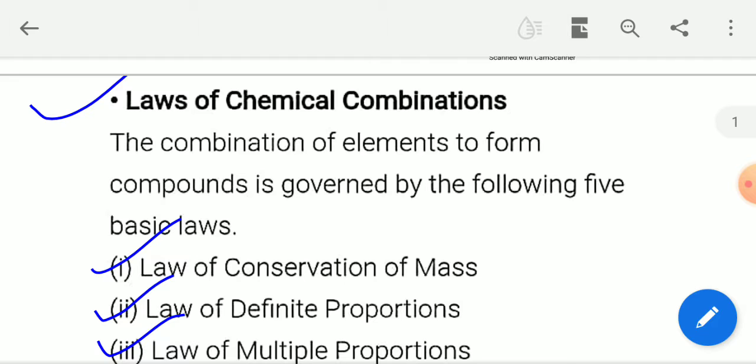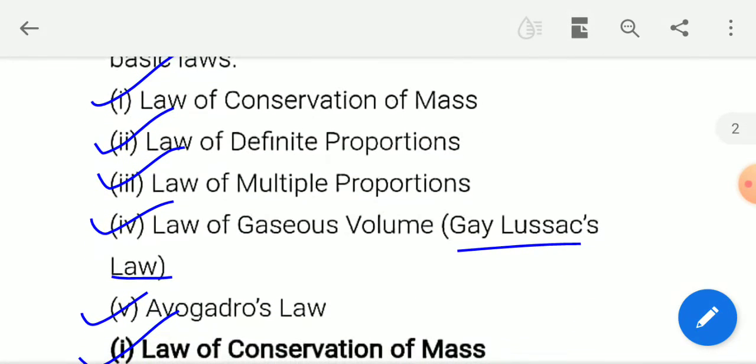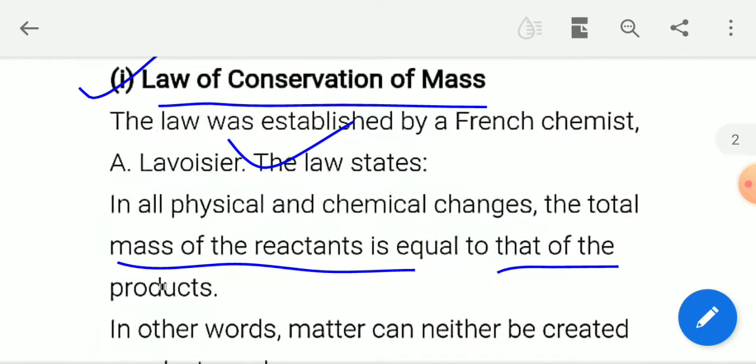These laws are: law of conservation of mass, law of definite proportion, law of multiple proportion, law of gaseous volume, that is Gay-Lussac law, and you have already studied Gay-Lussac law in class 10, and Avogadro's law.